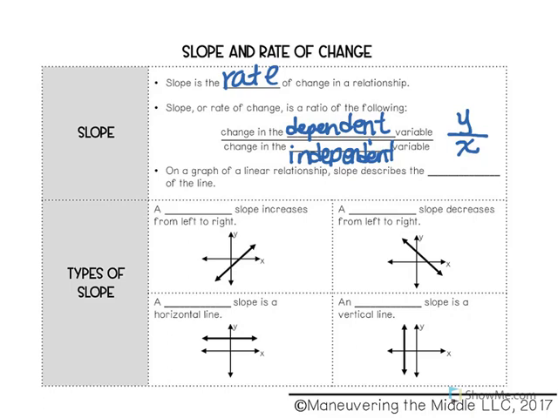So you are taking your y's, which is your rise, going up or down inside of a graph, to your x's, which we call run because you're going left to right. You divide those two values, and that tells you your rate of change, your slope. On a graph, the slope describes the steepness.